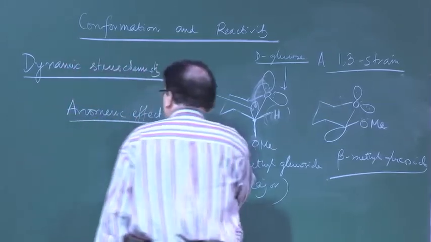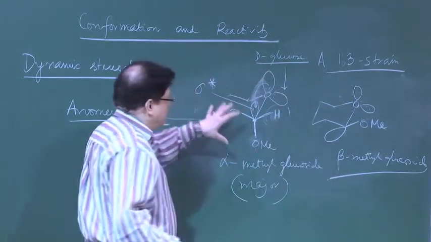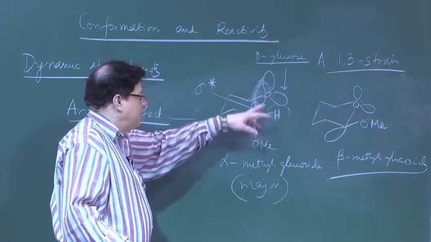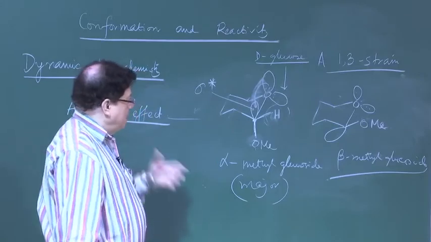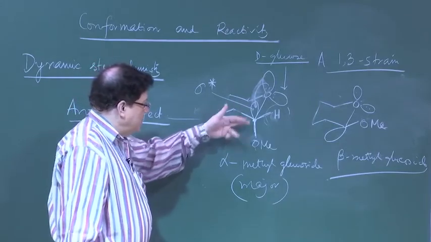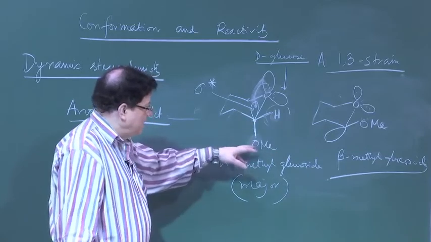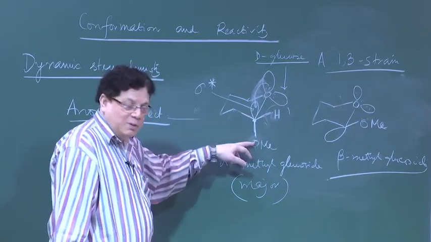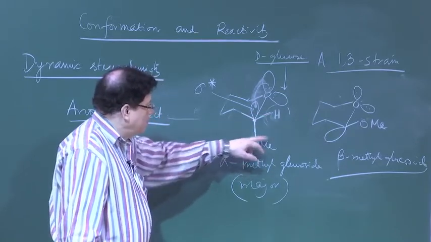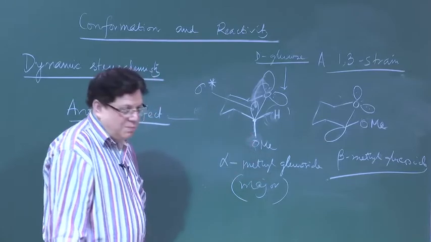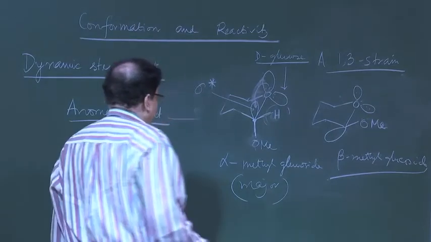So, this is another new chemistry that you have learned, this anomeric effect, that is whenever you have a system in which a heteroatom like oxygen is present in a ring, then the next adjacent carbon tries to adopt an orientation in which the electronegative group, and this is important, it does not happen with an alkyl group, only with an electronegative group, tends to occupy preferentially the axial position, and that is the anomeric effect.